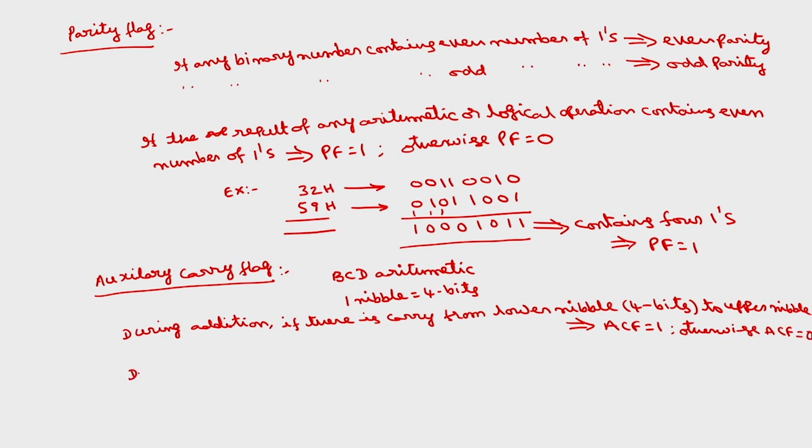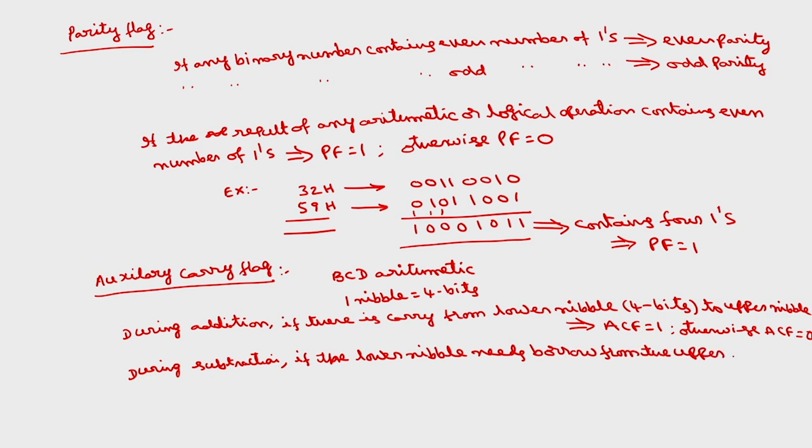Similarly, during subtraction, if the lower nibble needs a borrow from the upper nibble, the auxiliary carry flag will also be set, otherwise reset.